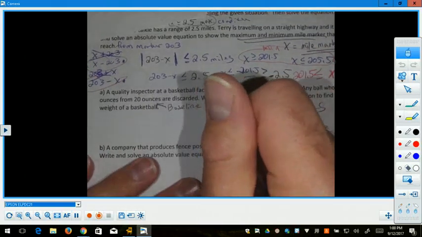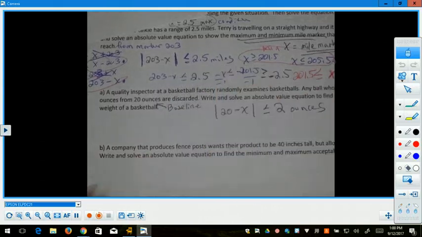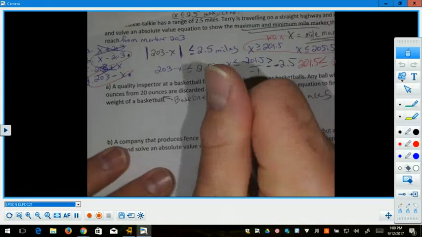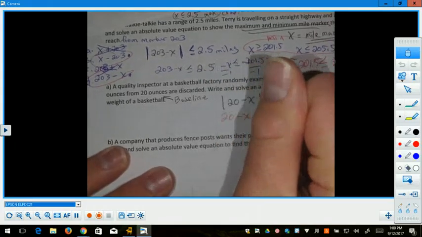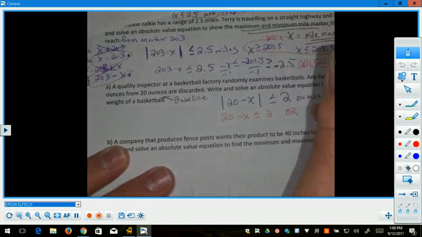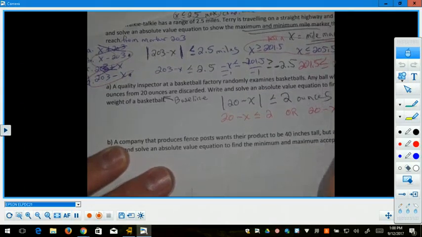I say my baseline minus x, but if you did your x minus your baseline, it's still going to work, right? Because we've got absolute value. So if you do 20 minus x or x minus 20, it will work. Now I have 20 minus x is less than or equal to 2, or 20 minus x is greater than or equal to negative 2.